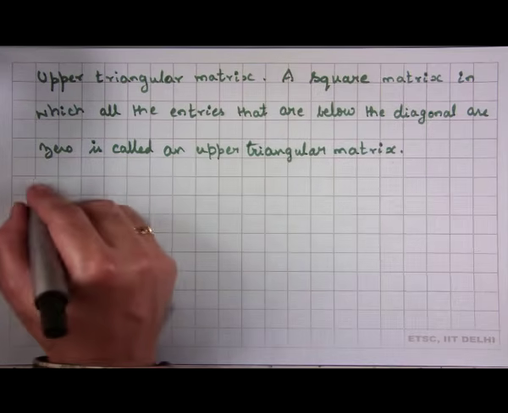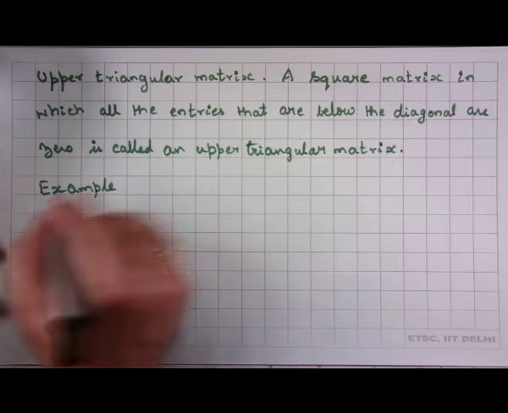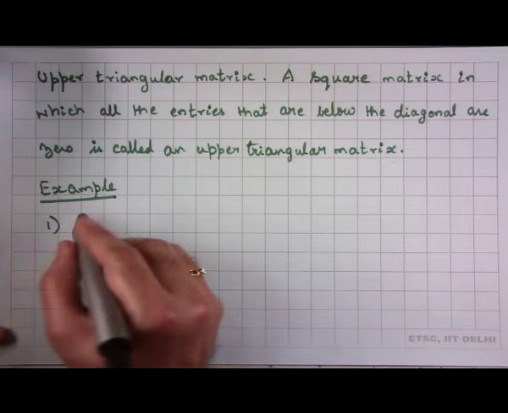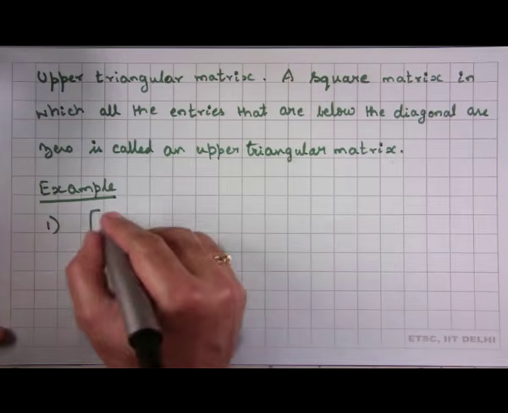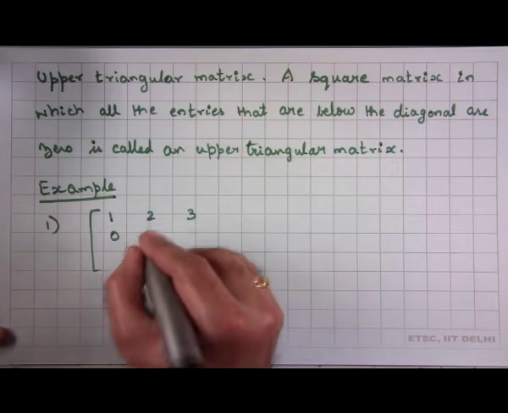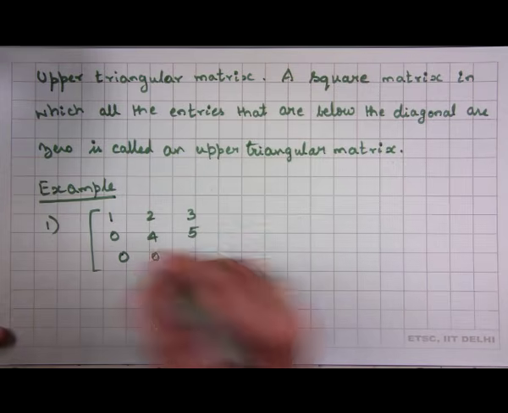Let us look at an example. First example, 1 2 3, 0 4 5, 0 0 6.